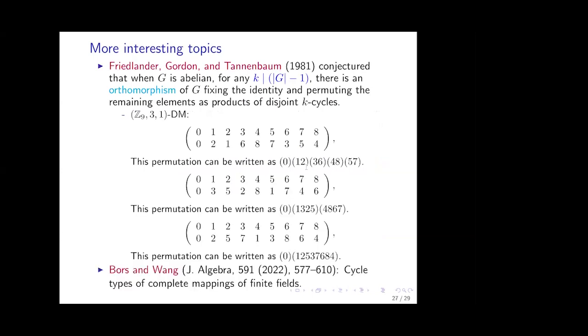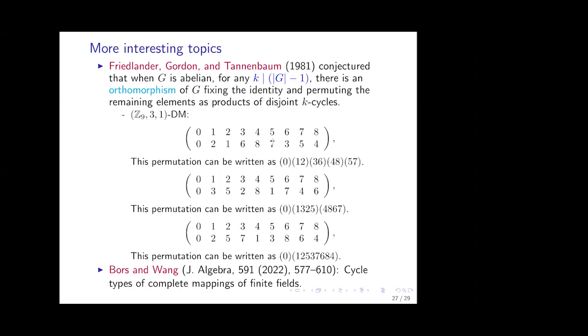Of course, maybe you will ask, in the above example, is it possible to find a permutation of another type, for example, 0 to 0, 1 to 2, 2 to 3, 3 to 4, 4 to 5, a cycle of length 5 plus a cycle of length 3, 5 plus 3 plus 1 is 9.